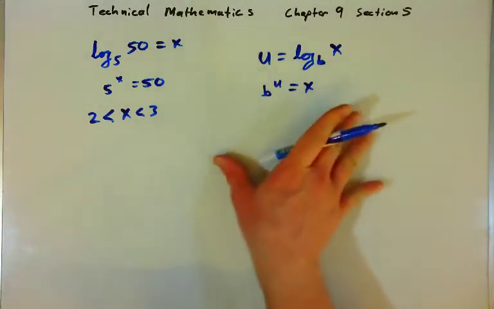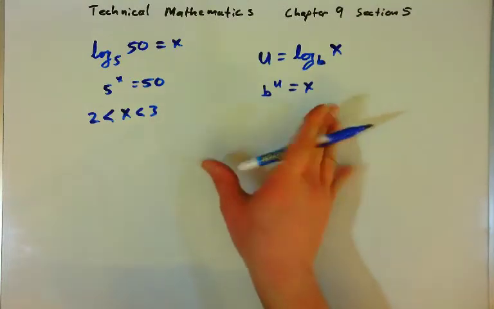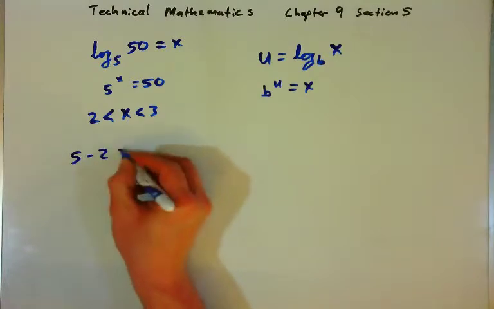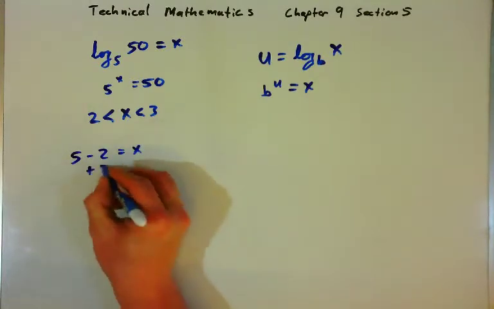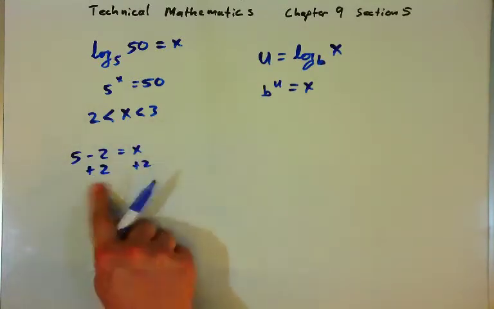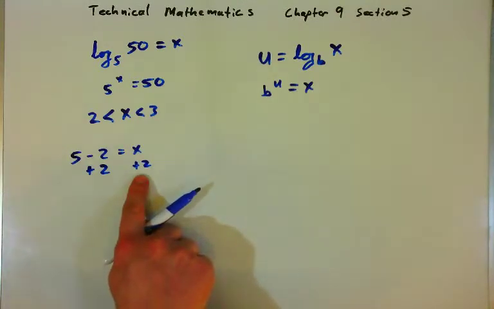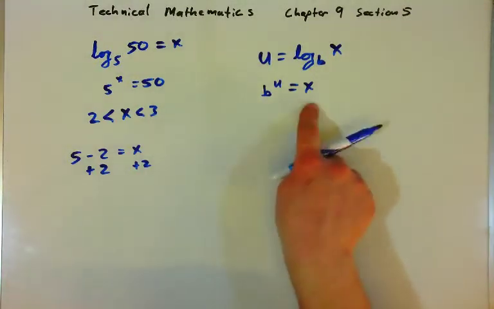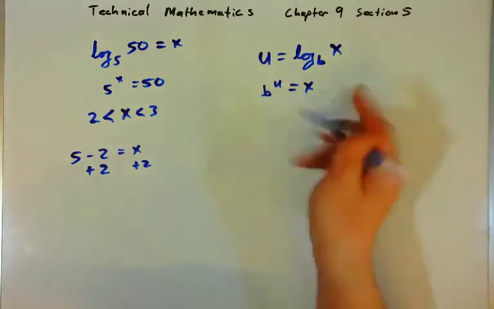Now we can take the logarithm of both sides of the equation, which I'm allowed to do. For example, let's say that 5 minus 2 equals x. I'm allowed to add 2 to both sides, right? Whatever I do to one side, I can do to the other. And so as long as I do the same thing to both sides of the equation, I'm allowed to do that. And so I'm allowed to do the same thing to both sides of this equation as well.